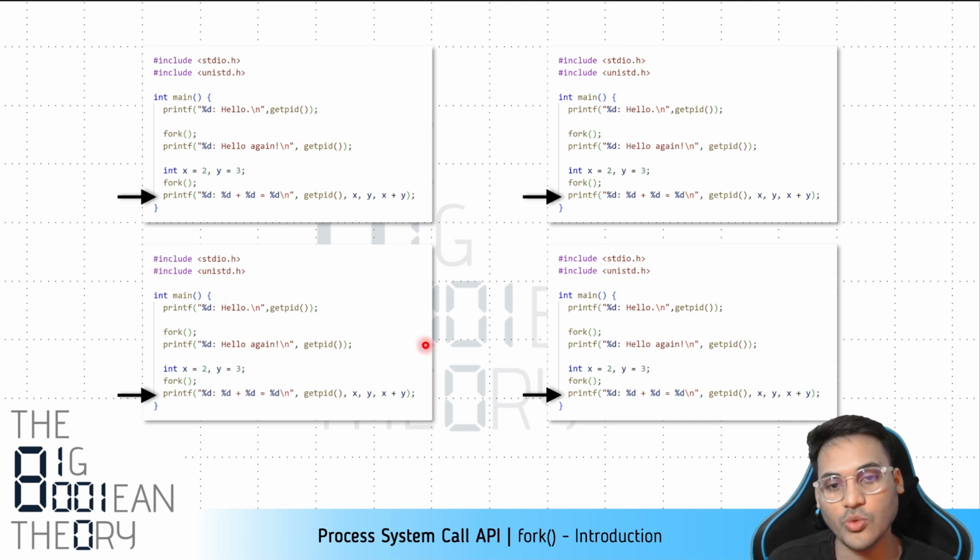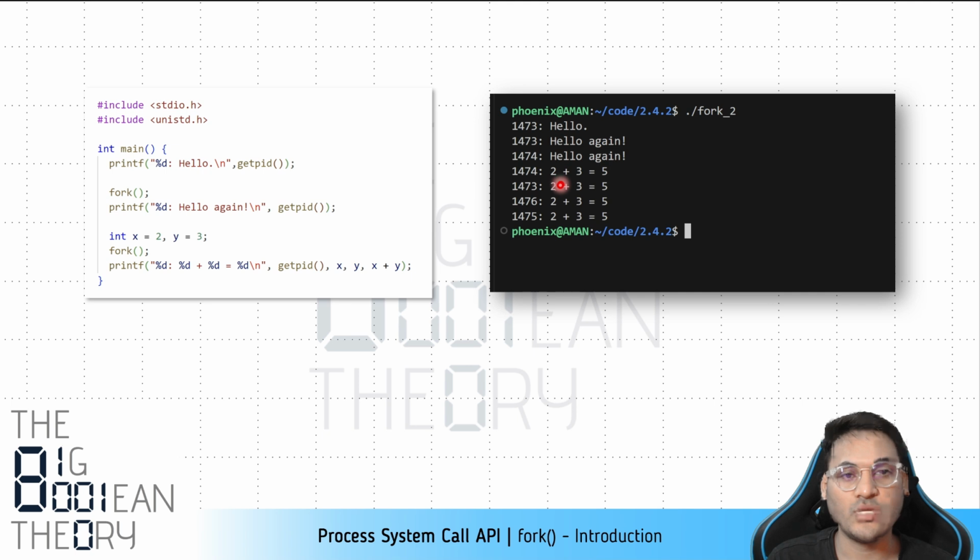In these two processes, these two hello messages would not be printed, right? And x and y would already have their values, because they are being forked out. So these statements would not be executed in these two copies. X and y are already initialized before the fork, so they all have the values of x and y, and that is why we will have four printf statements printing the message 2 plus 3 is equal to 5.